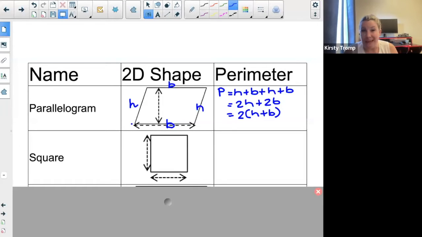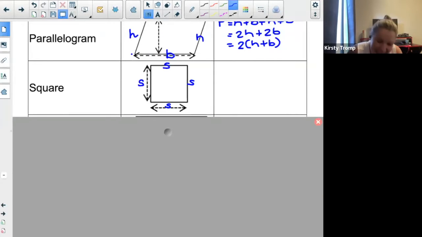Okay, my next one is the square. The square is super easy. You guys have been doing the square since you were in grade 7, because I did this one with the grade 7s the other night. So we know that in a square, normally we call the length of the square a side, a side, a side, and a side. Again, some teachers call it length and breadth, and that's fine. It's not a train smash.